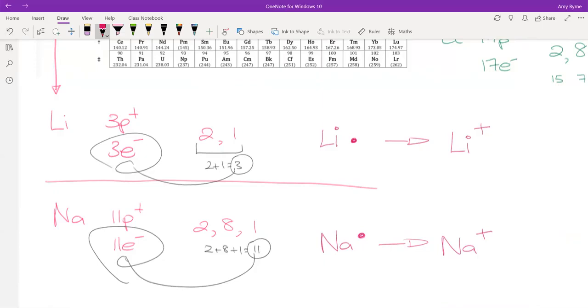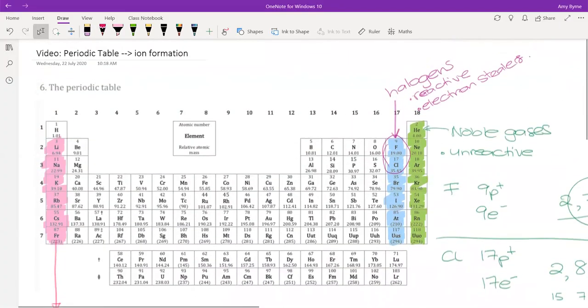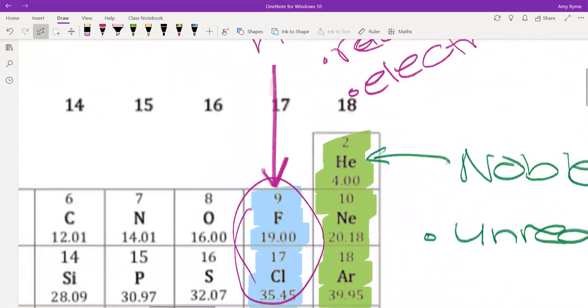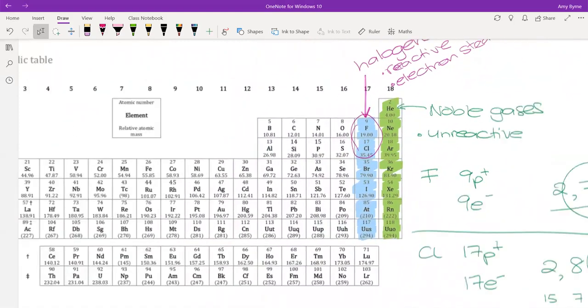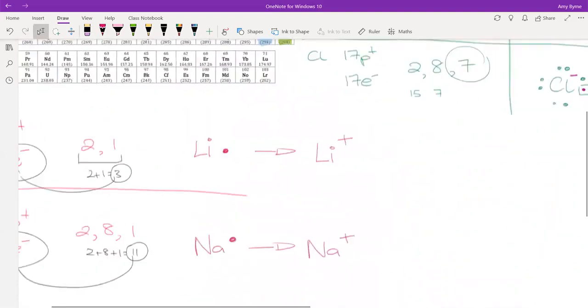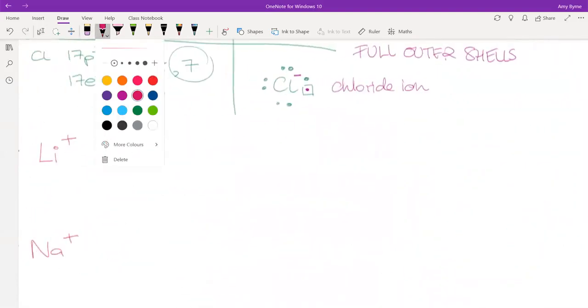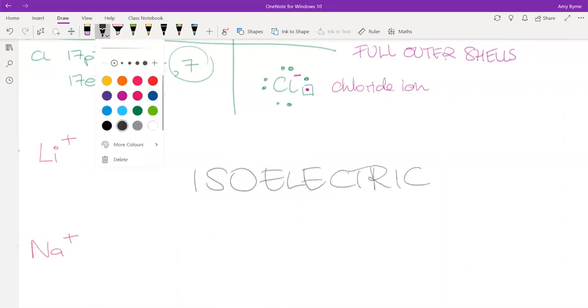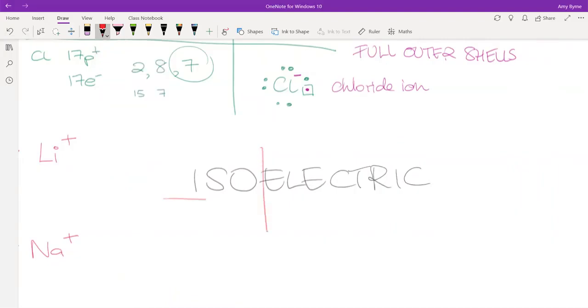So when lithium plus forms, it has 2 electrons in its outer shell, so it looks like helium. We call that being isoelectric. So I defined the prefix iso when I talked about isotopes in class, but there is a slightly different biological meaning to this term that I will explain to you if you do chemistry and if we do the biochemistry topic.